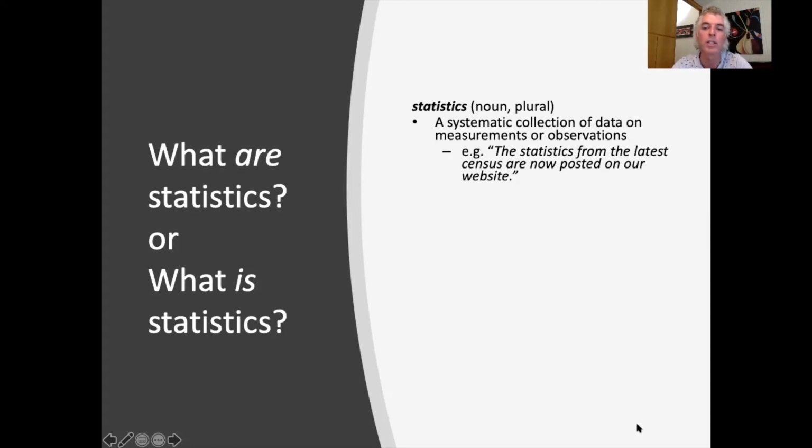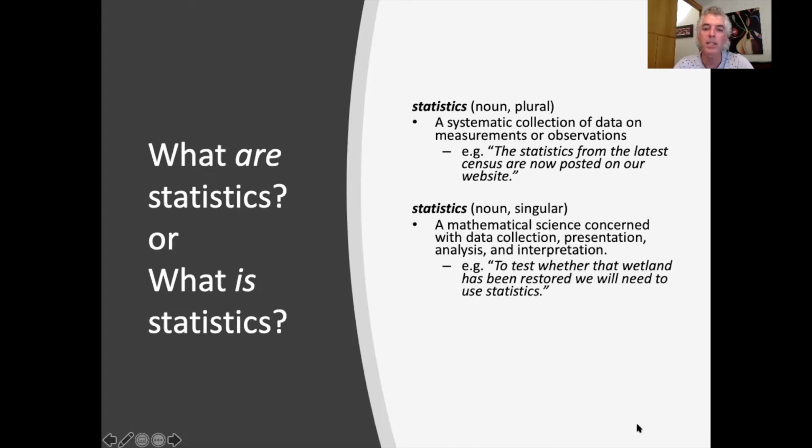We use these to just provide a description of something. But statistics is also a scientific or mathematical field that's concerned with data collection, presentation, analysis, and interpretation. Another way you might think of statistics then is the tool that scientists use to make decisions when there's uncertainty.